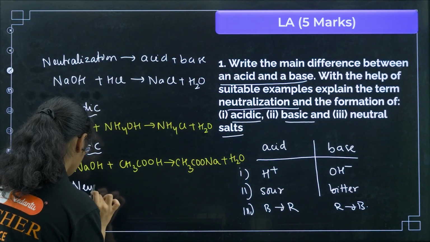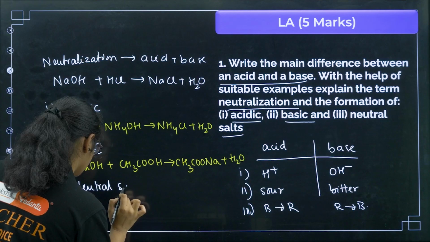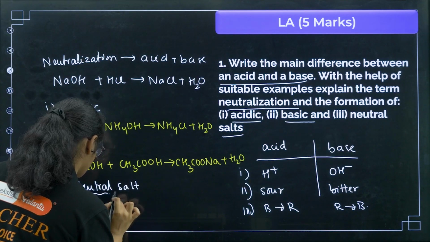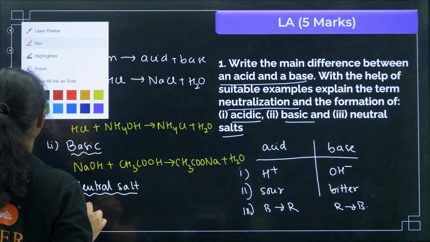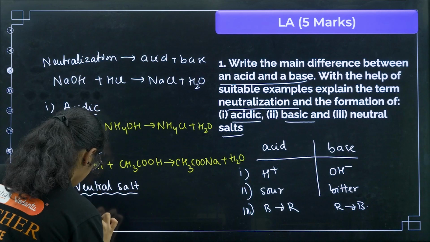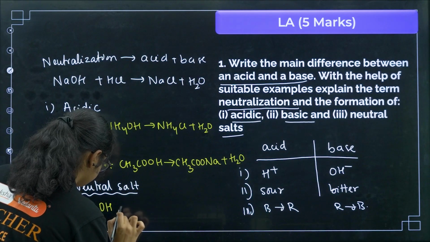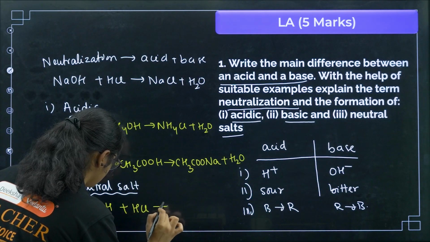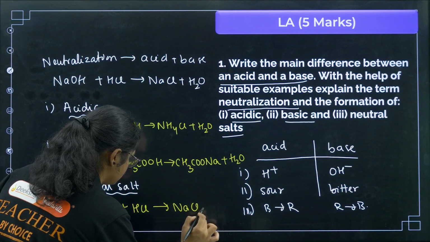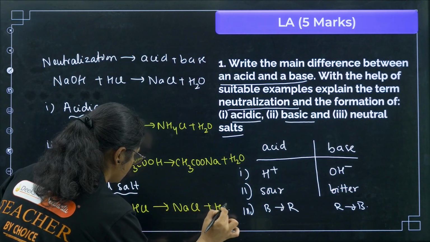So for neutral salt, you can take the example of a strong acid and a strong base. So NaOH plus HCl will give you NaCl plus water.